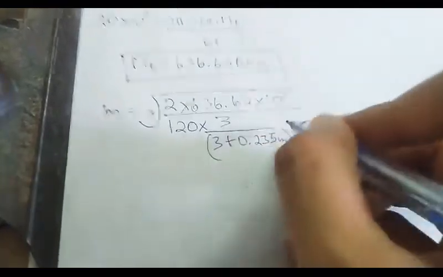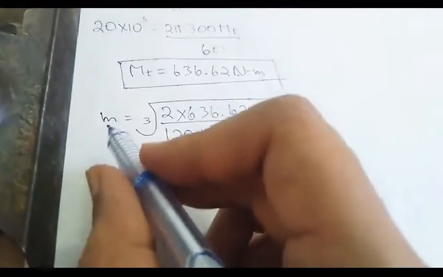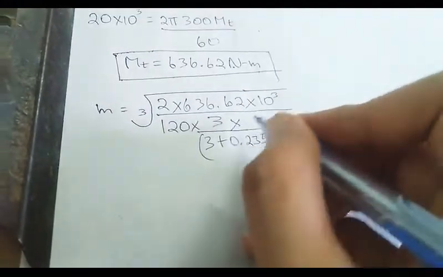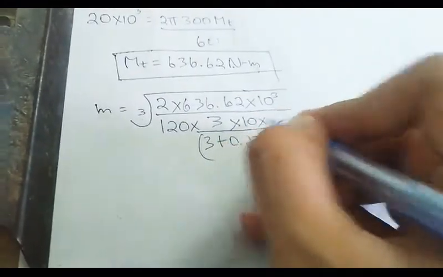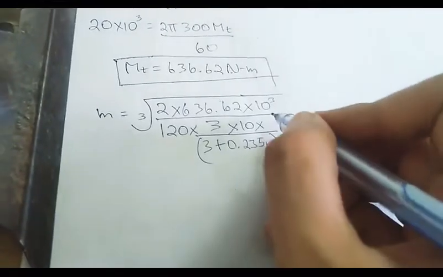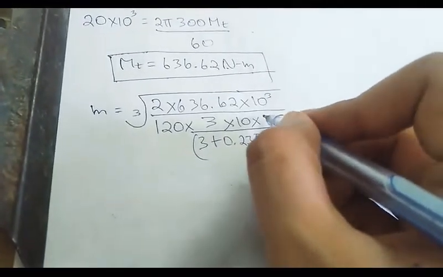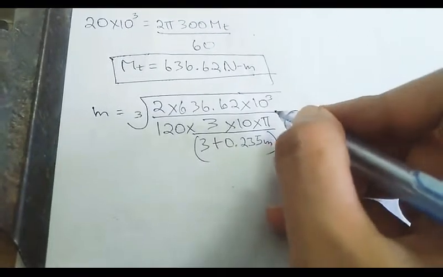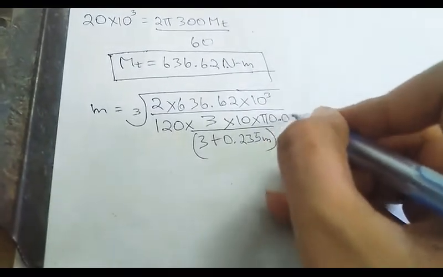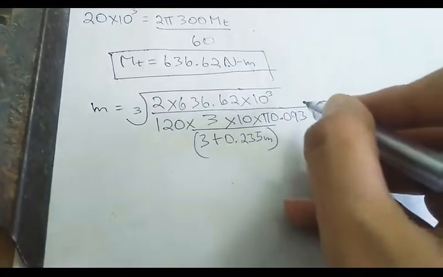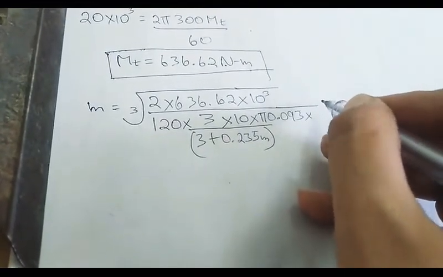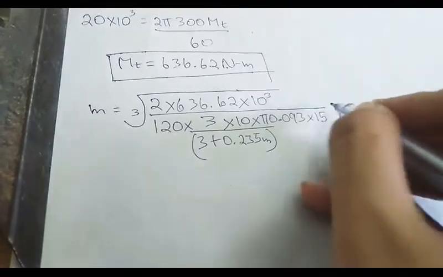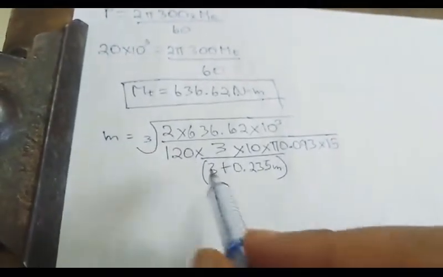Here also there is m, into the value of k, which is 10, and y is pi into y1, that is 0.093, into z1, the number of teeth on pinion, which is 15. So now we can find the value of m.